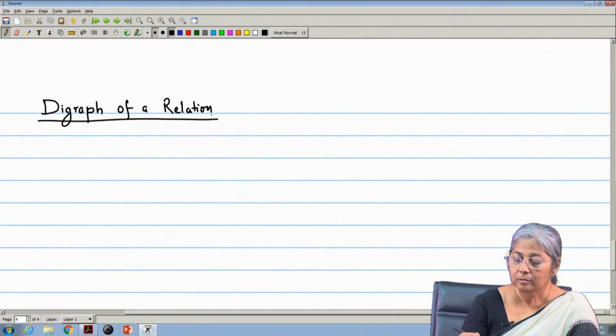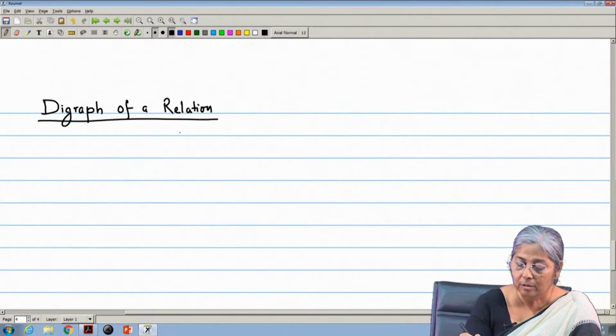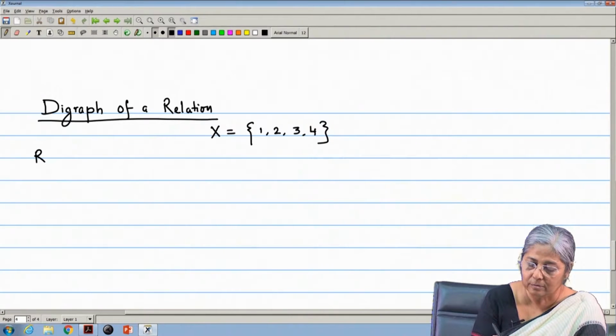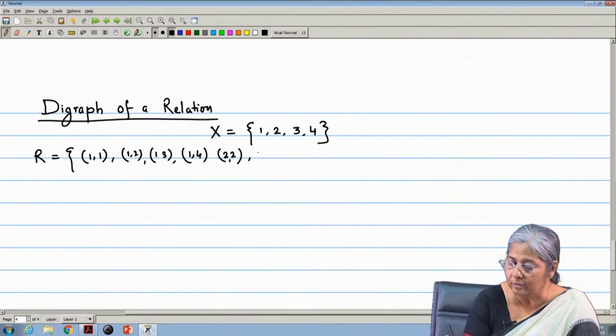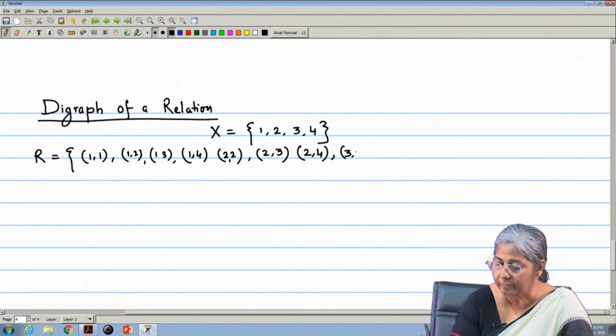So, if I consider that set, just now the example we have seen, the set X = {1, 2, 3, 4}, and the relation we got: (1,1), (1,2), (1,3), (1,4), (2,2), (2,3), (2,4), and (4,4).